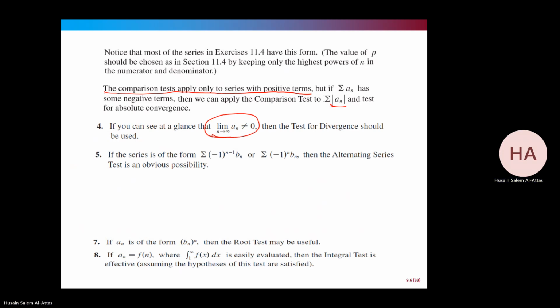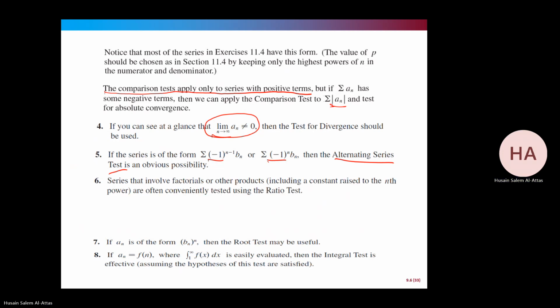If it is in the form (-1) to the power n minus 1, then you need to think about the alternating series test. Factorials or products, something to the power n, usually I need to think about the ratio test.